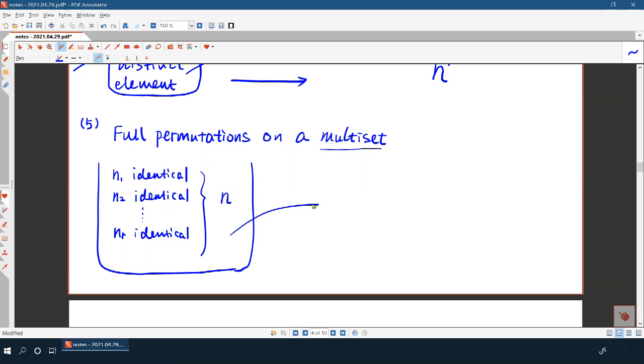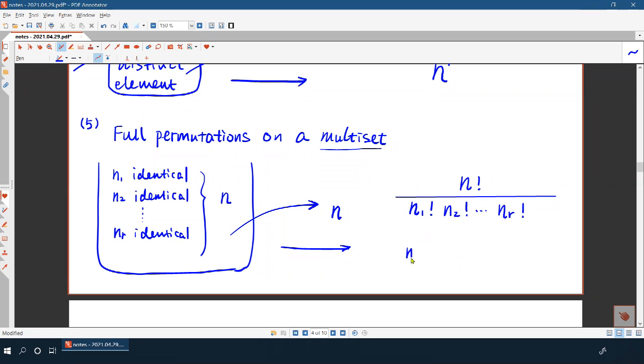Then we pick n elements from the container and line them up in an order. The total number of ways we can complete the task is n factorial divided by n1 factorial, n2 factorial, etc., until nr factorial, right?